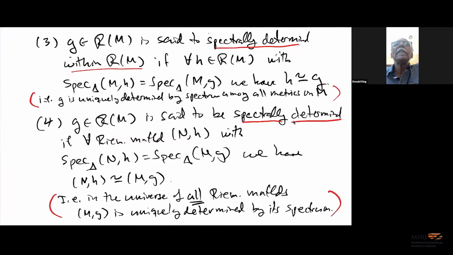I think there's a little more technical detail than I want to get into, but the point is that we're trying to see to what extent our eigenvalues allow us to identify G specially.